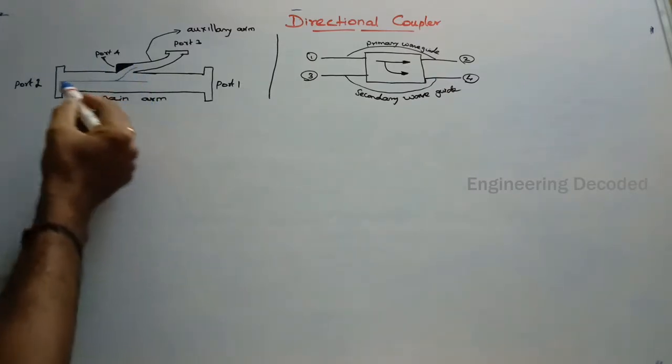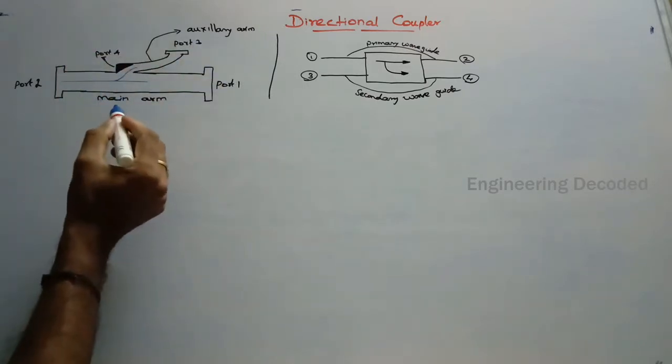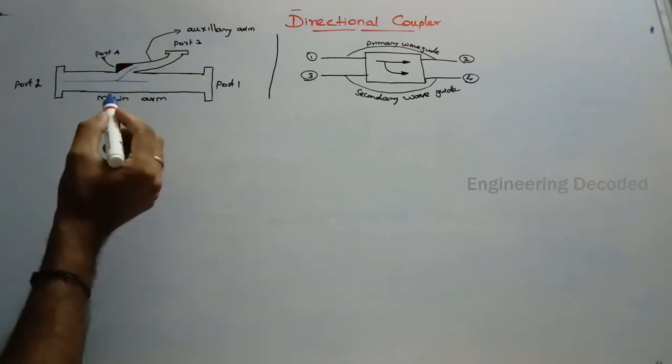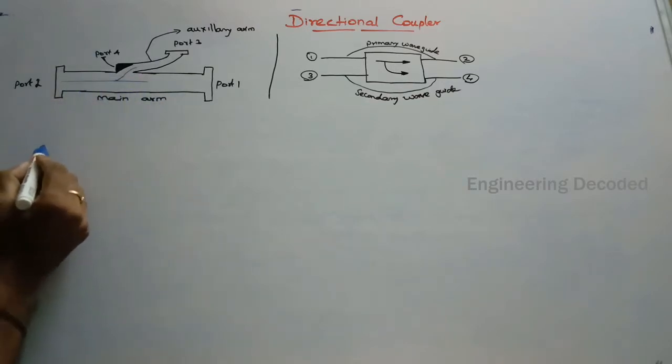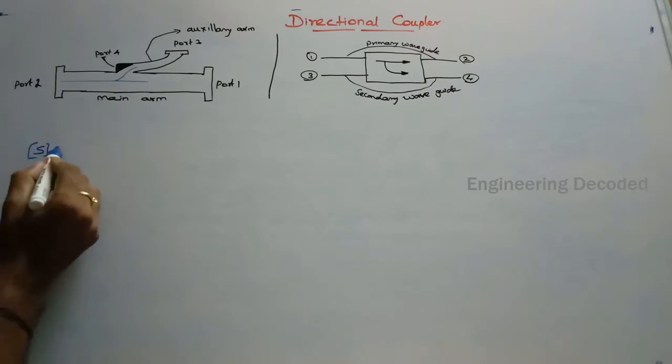Here we are going to derive the S matrix for a directional coupler. So here we have 4 ports. If there are 4 ports, we can write a 4 cross 4 matrix.